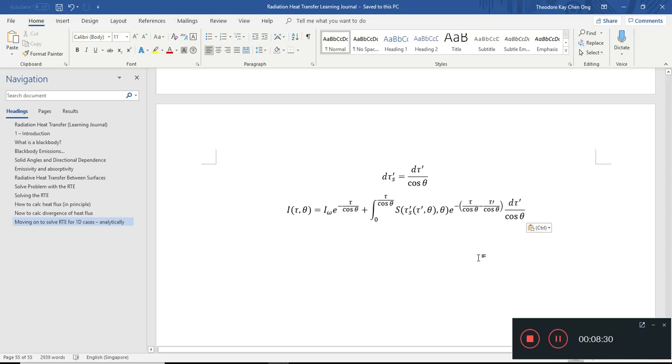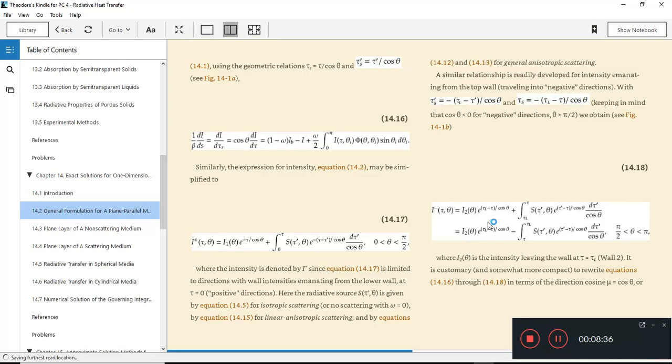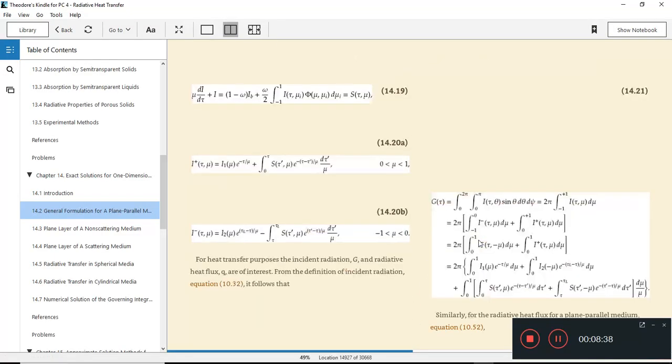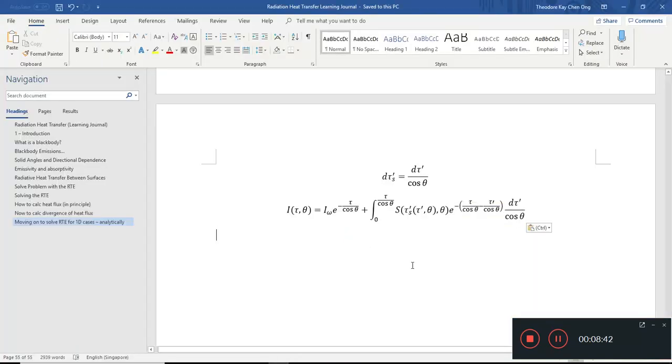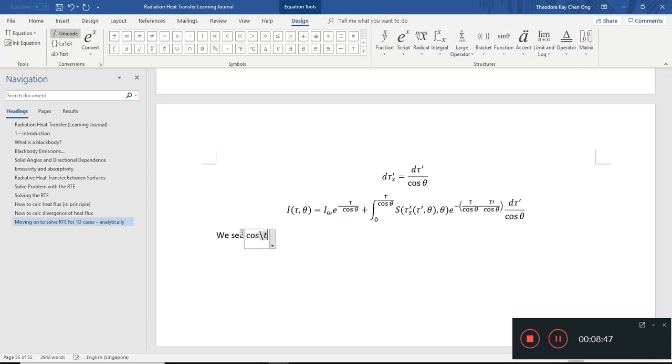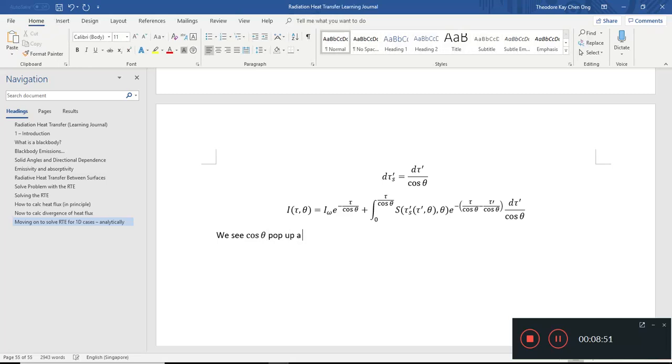Then we see this quantity, cosine theta, pops up many times for the 1D parallel plane case.